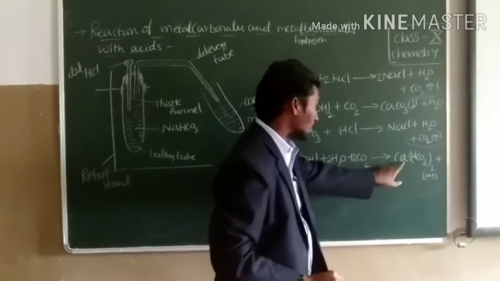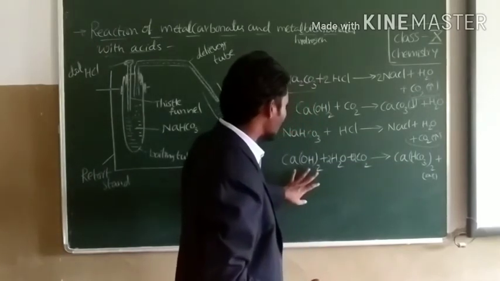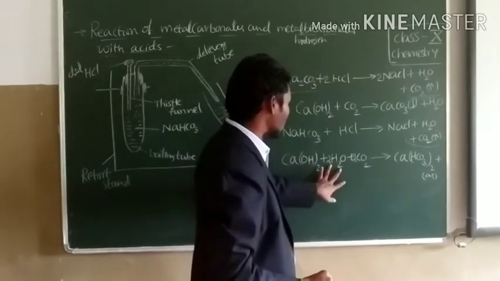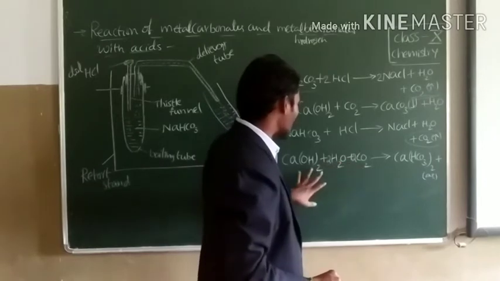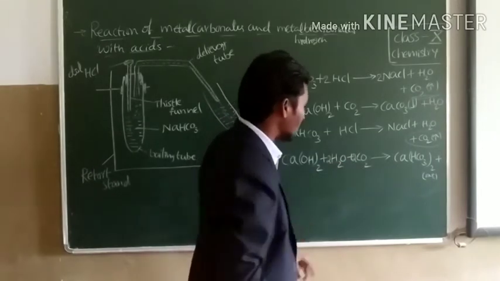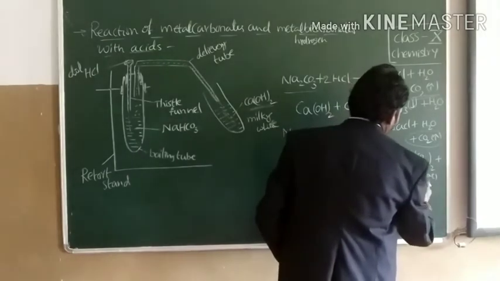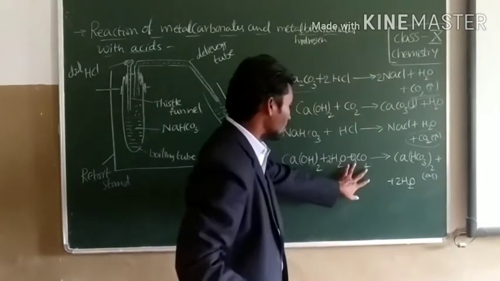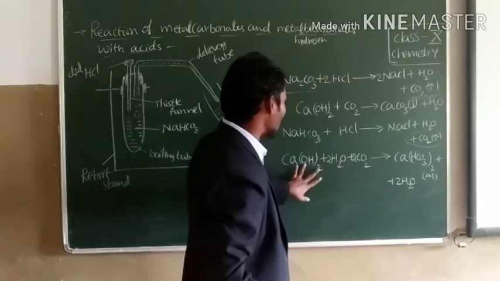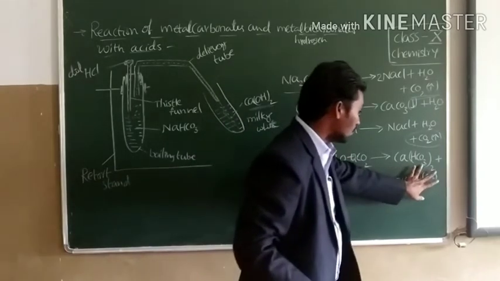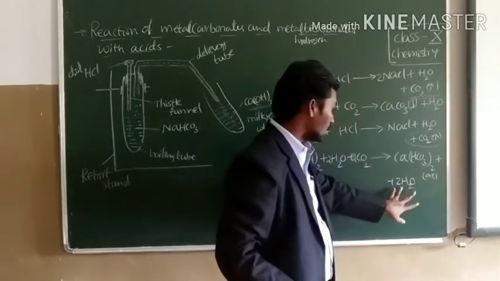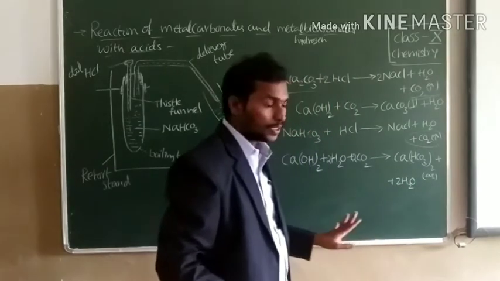Ca, one calcium atom. Hydrogen atoms here 2, here 4 plus 2, 6. Here 2H2O. Oxygen atoms here 4 plus 2, 6 plus 2, 8. Here 6 oxygen atoms and here 2 oxygen atoms, 8 oxygen atoms.